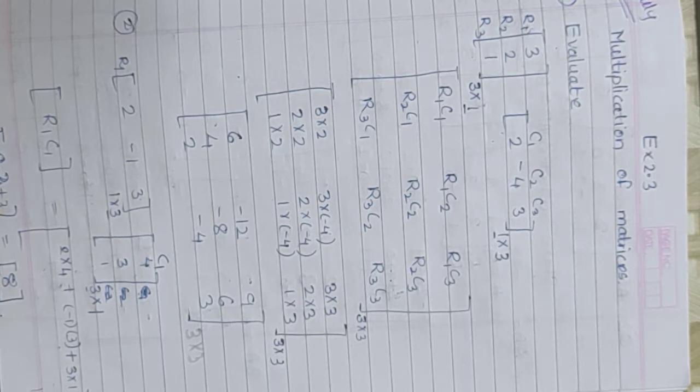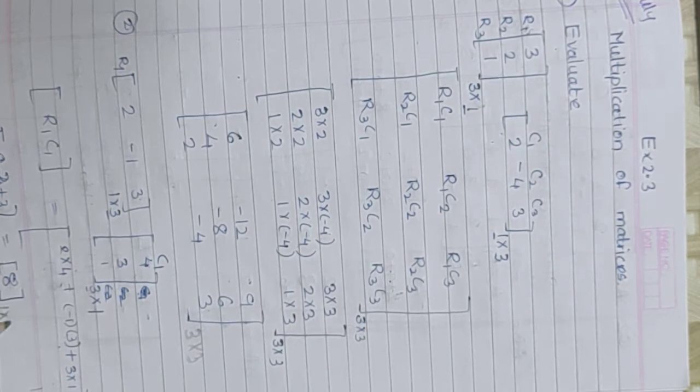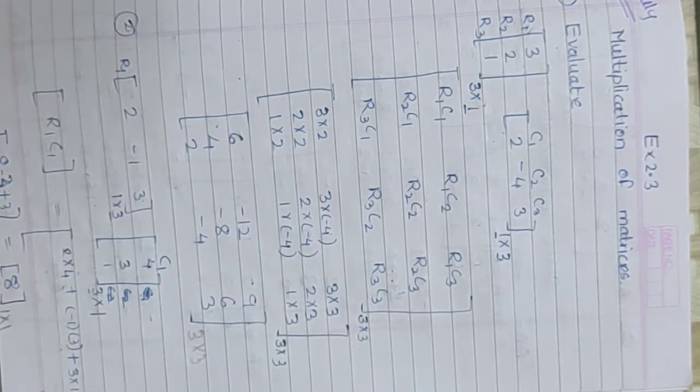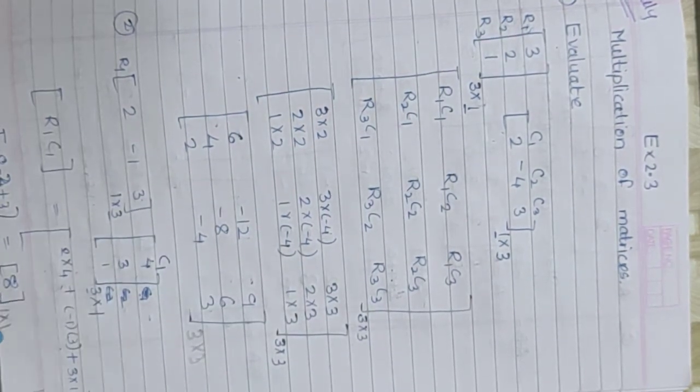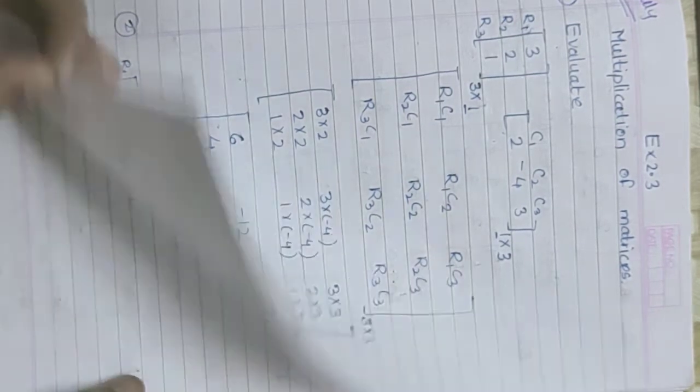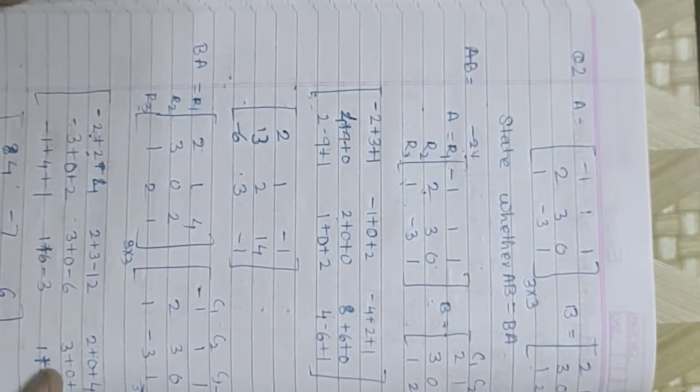Minus 3 plus 3 will get cancelled, and we get the matrix 8, which is of order 1 by 1. So always first write and take the order of the resulting matrix and then start doing the multiplication. See the next one.